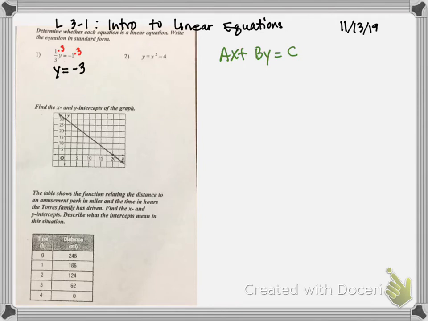Yeah, because if I have 0 for my a, 0 times x is 0, so I'm not going to see it. Are my variables on the left? Okay. Is my constant alone on the right? I have integers only. Yeah. So sometimes I have to do some math to see if it is actually in standard form. I have the ability. That's perfectly permissible for me to do. So the answer is yes.